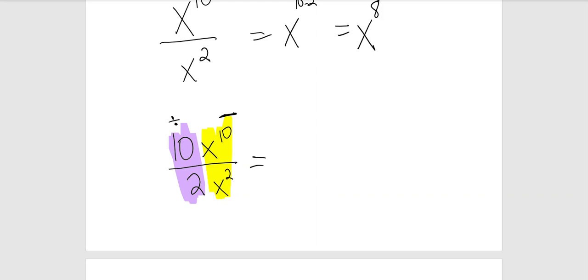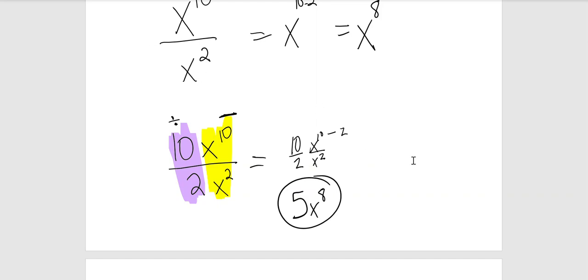So I know this answer is 10 divided by 2, which is 5, and x to the 10th divided by x squared, which is x to the 10 minus 2, so x to the 8th, 5x to the 8th.